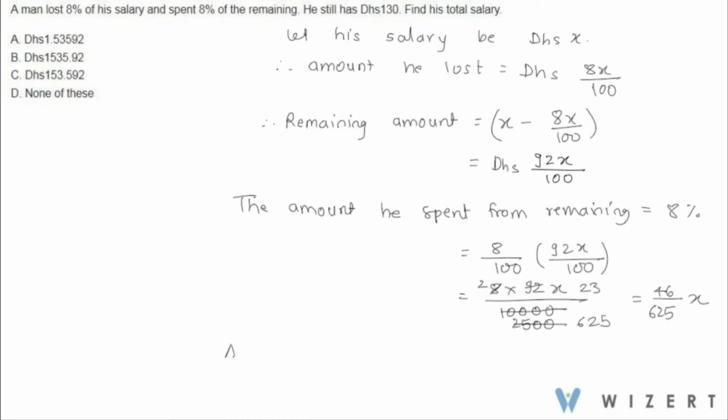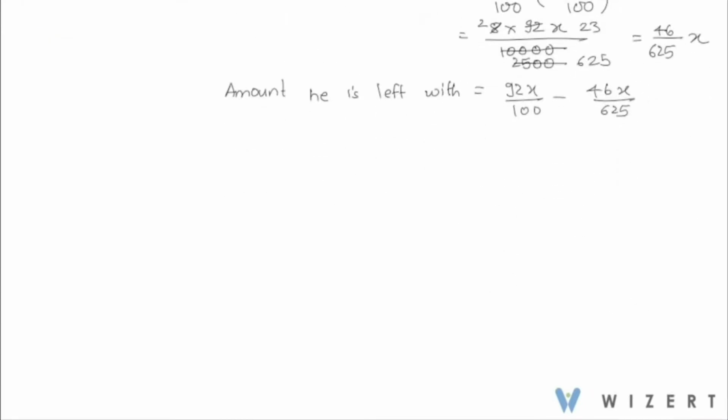So the amount he is left with is equal to 92x by 100 minus 46x by 625, which is equal to, let's see, we'll again have here 23x by 25 minus 46x by 625.